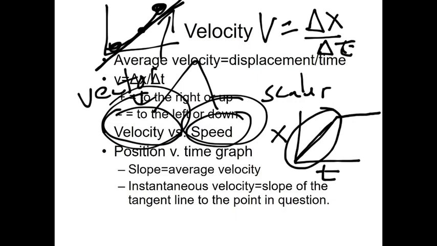That slope of the tangent line to the curve would give us the instantaneous velocity at this one particular point in time. So on a position time graph, slope is equal to the average velocity, and slope of the tangent line to a particular point is the instantaneous velocity of the object at that particular point.